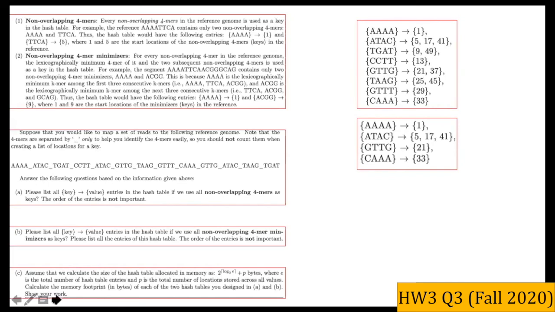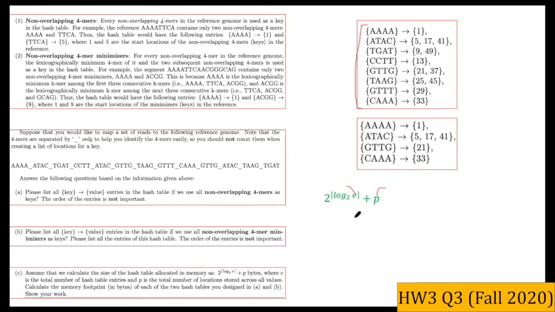We have an equation that is given as following, and what this equation requires as input parameters are E and P. What is E? E is the total number of hash table entries. For example, the first hash table here, how many entries, which are the number of rows. So how many of them we have? We have 1, 2, 3, 4, 5, 6, 7, 8.